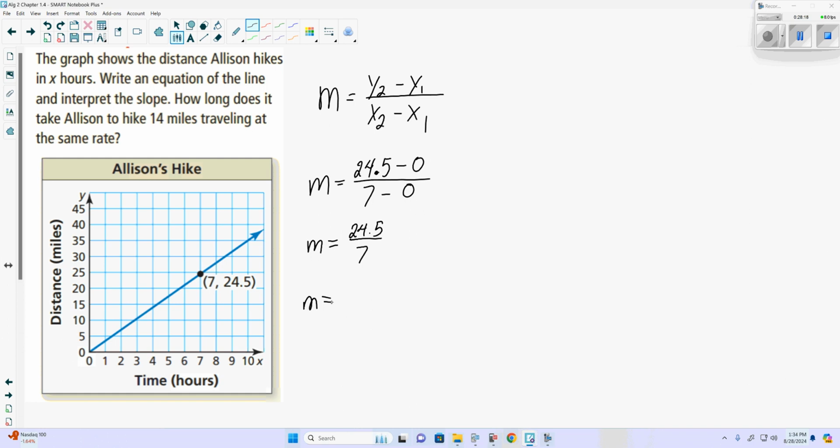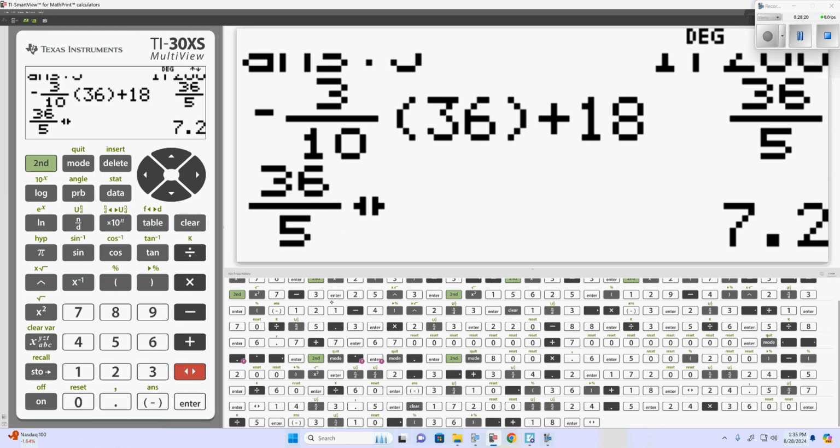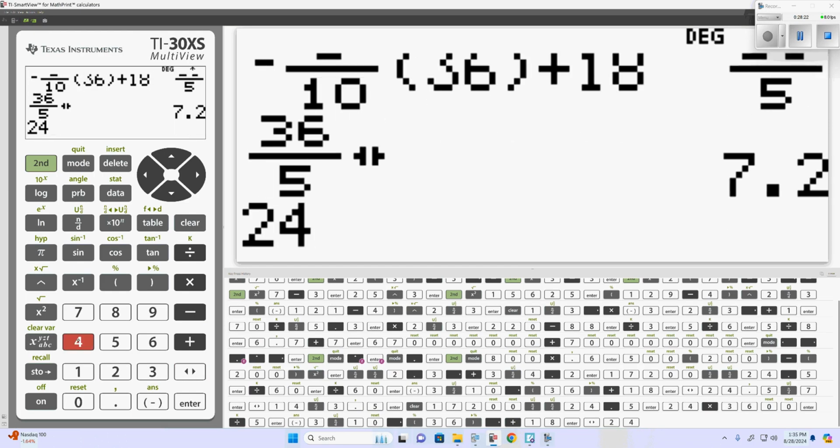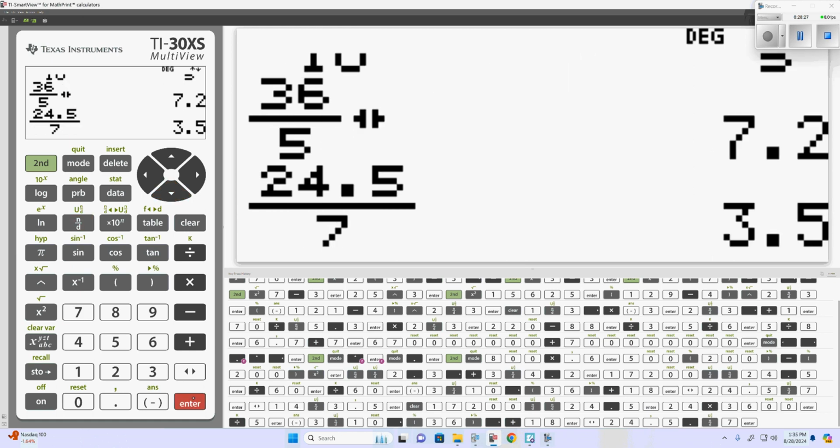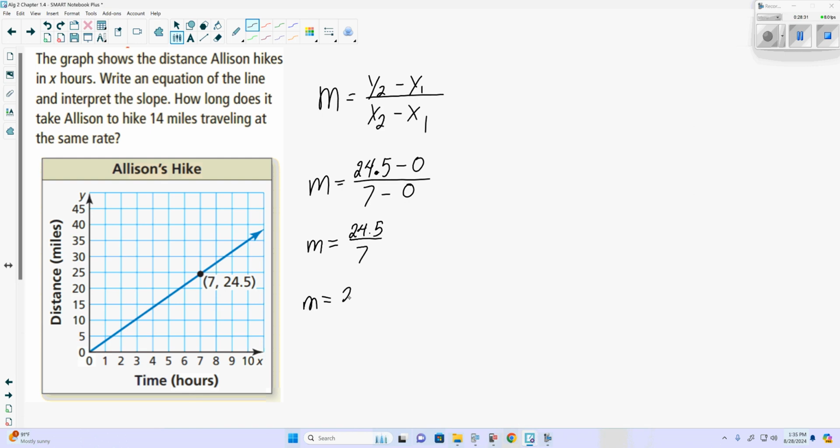We got to have one or the other. Well, luckily, the calculator, 24.5 over 7 is 3.5. This one we'll do as a decimal because I do want to show you guys one as a decimal, one as a fraction. Because if we change this to a fraction, it'd be 7/2. Would be our fraction. But our slope as a decimal is 3.5.